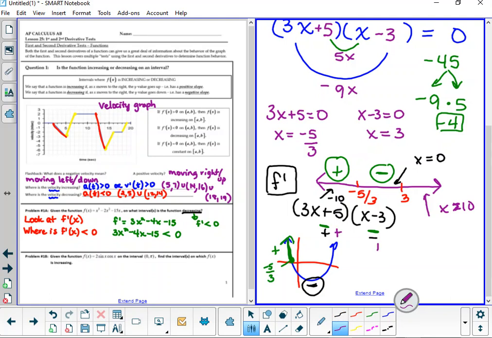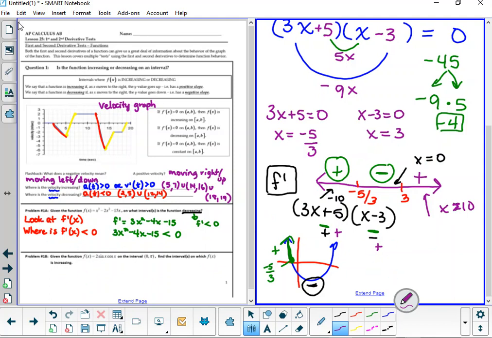This would be positive, this would be positive, the whole thing would be positive. So what just happened? We just figured out whether f prime was positive or negative along different intervals. Whether f prime is positive or negative is what tells us whether f is increasing or decreasing.